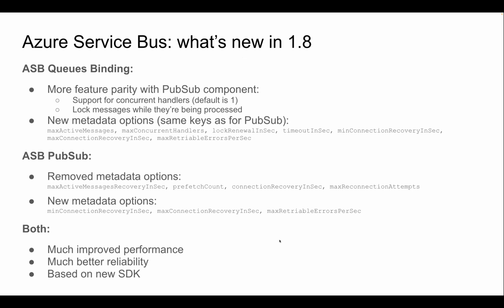Can you please go to the next slide? Okay, what's new in 1.8, to be a little bit more specific. The Service Bus queue binding has more features to bring it almost to parity with the PubSub component. In particular, now we support concurrent handlers. Before, there was only one handler running at the same time. Now, the default is one, but you can also have multiple messages coming in parallel. That's an option. And we also support locks.